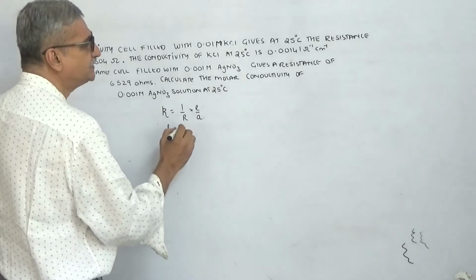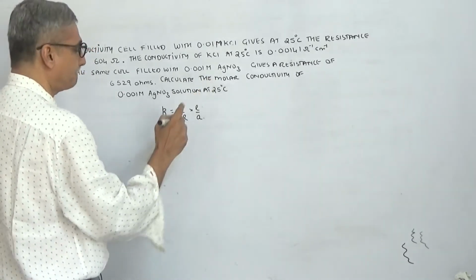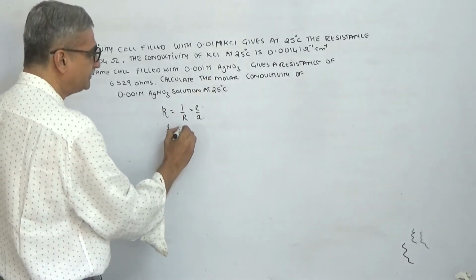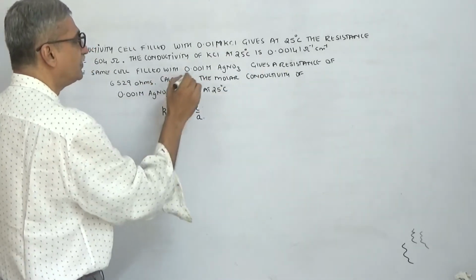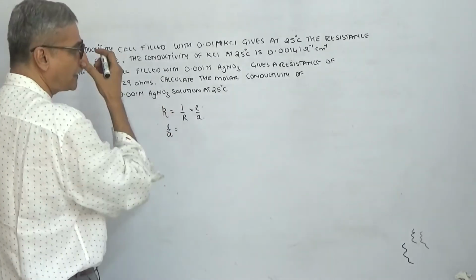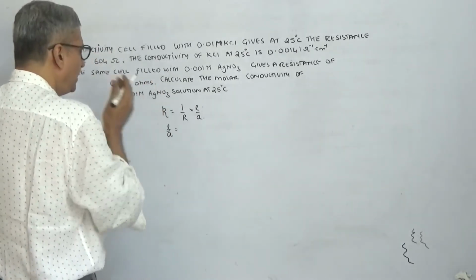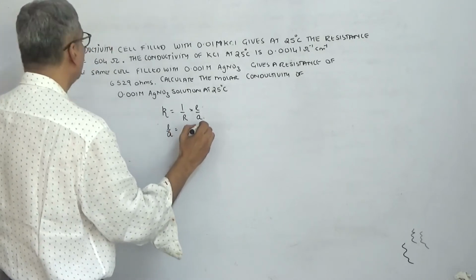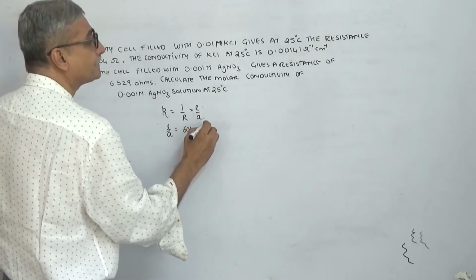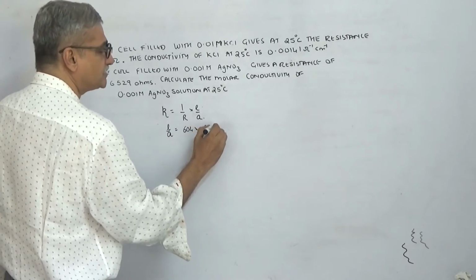So what do we get? 604 into K, which was 0.0014.